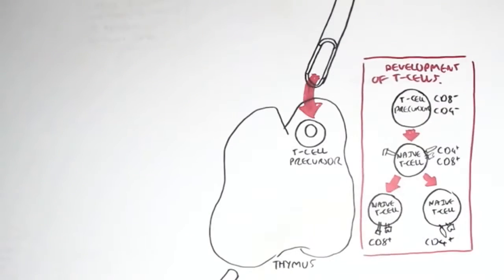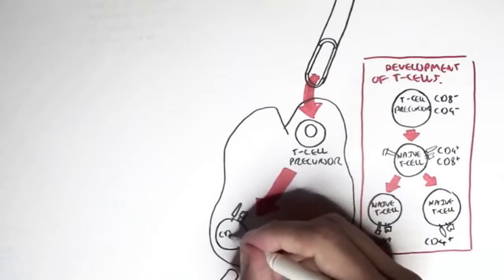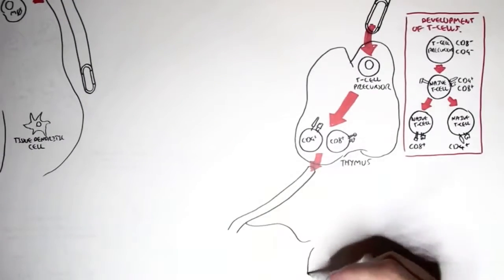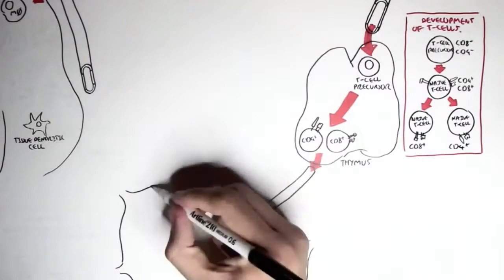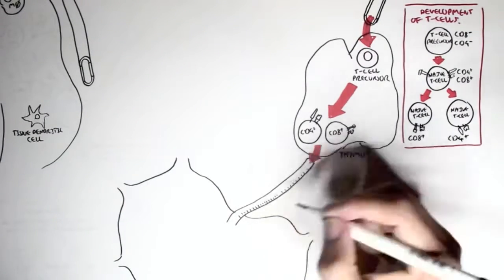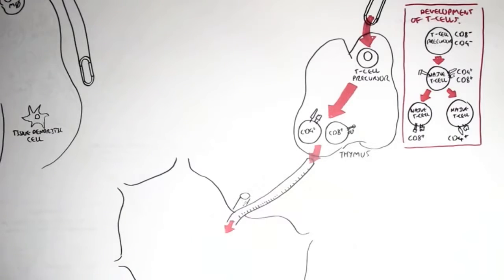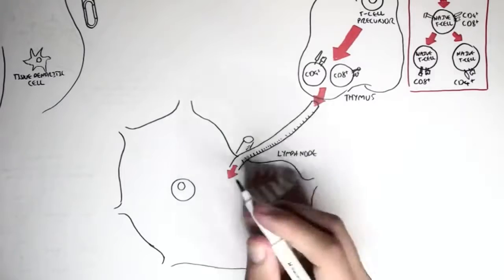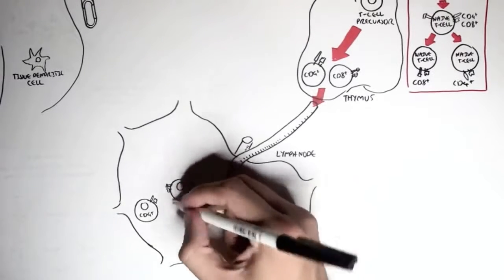And then it will become either a naive T cell only expressing CD8 or a naive T cell only expressing CD4 co-receptor. And then from the thymus, these naive T cells, the CD4 and CD8 naive T cells, will travel through the bloodstream into the peripheral lymphoid organs, such as the lymph node.